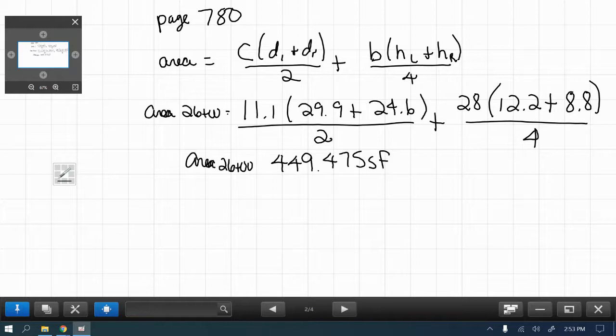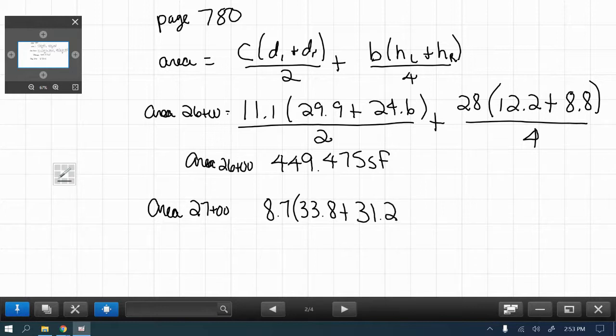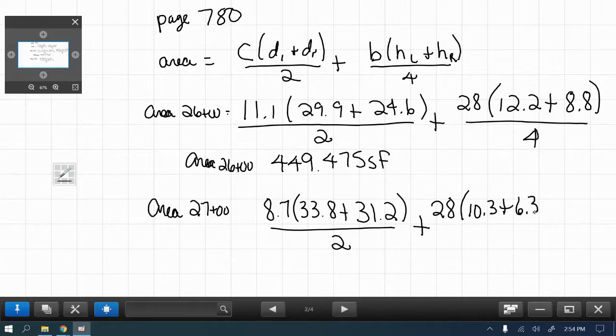Okay, I'm going to do my area of 27. I got 398.95 square feet.